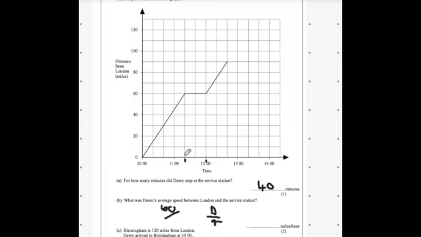So distance is 60 divided by 1.33. Should then give you, I believe, 45 miles per hour, depending on how you put it in the calculator, should round to 45.